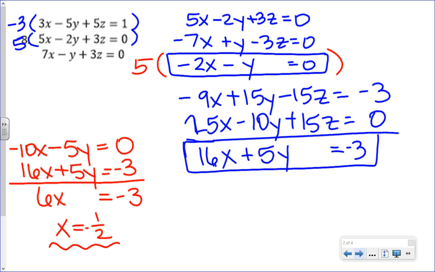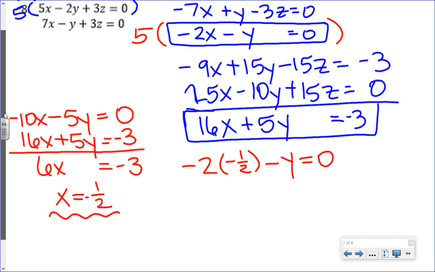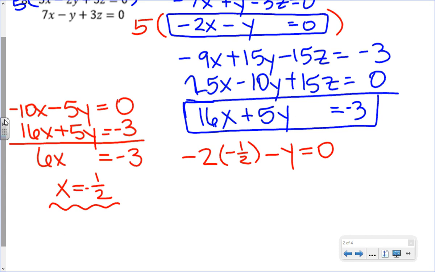So what we have is negative 2 times x minus y equals 0. So this becomes 1, and I can add that y over. Y equals 1.